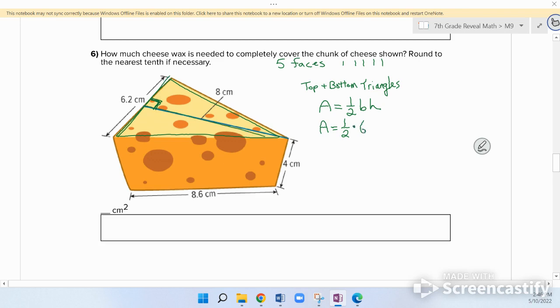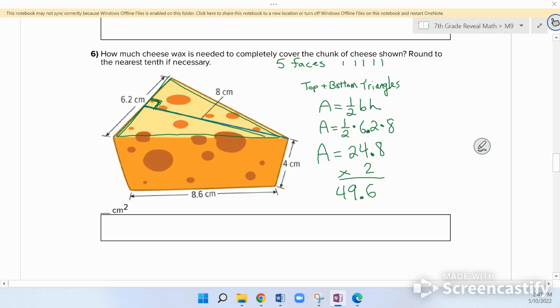So that was 6.2 times 8. Now we simply have to calculate that, and that gives us 24.8. We have to multiply that by 2 since there are 2 faces that are congruent, or identical. That gives us 49.6 square units.